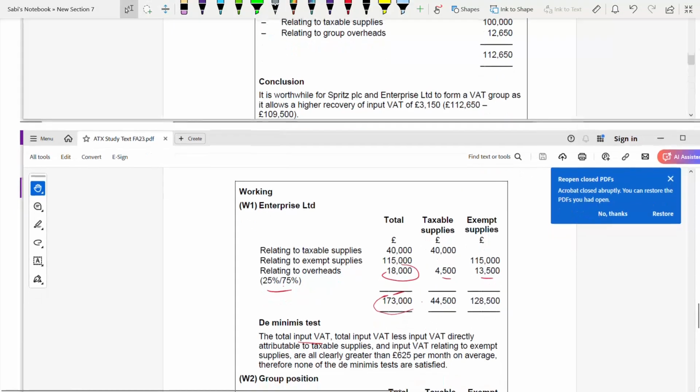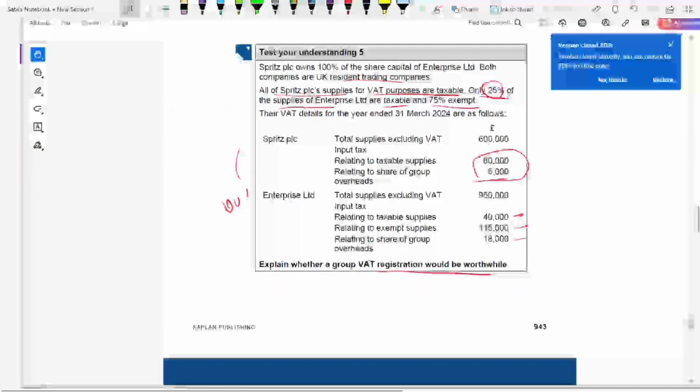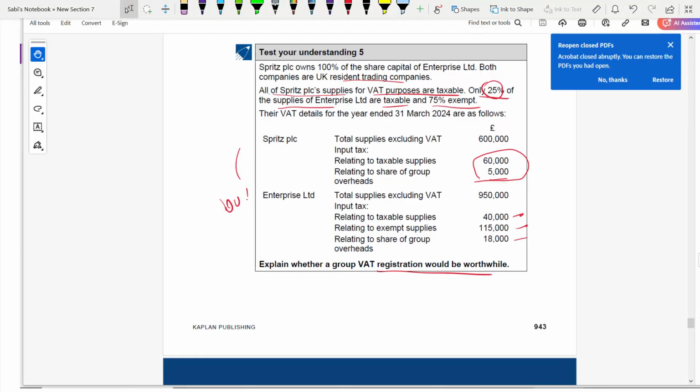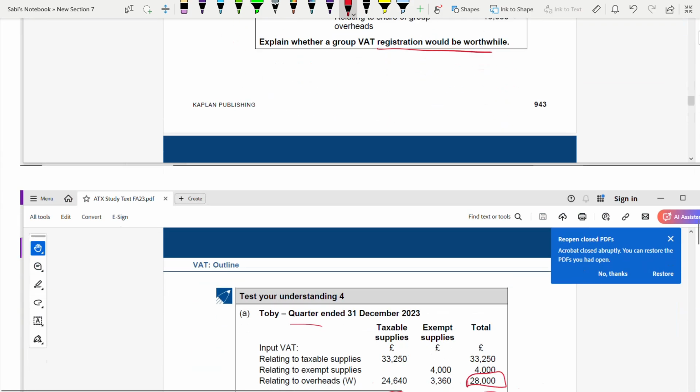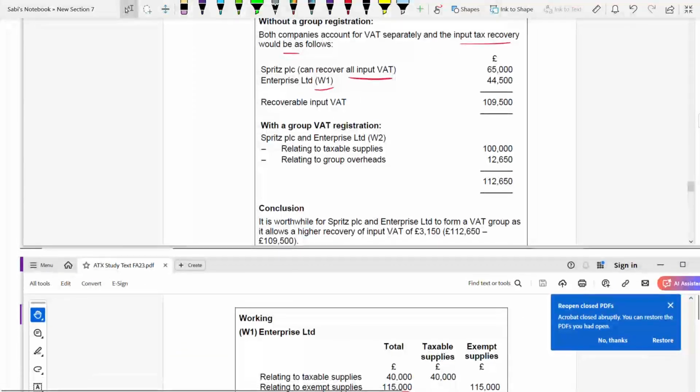Okay. Rather than calculating each time, simplified test 1 and 2. Just wait a minute. I want to see the figures given. So these figures are for the year ended. Okay. So you can divide by 12 and check if you want to see.